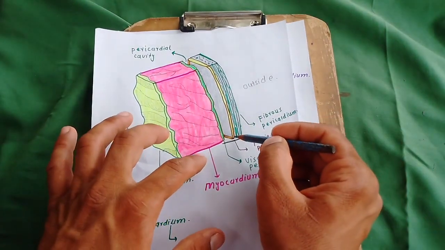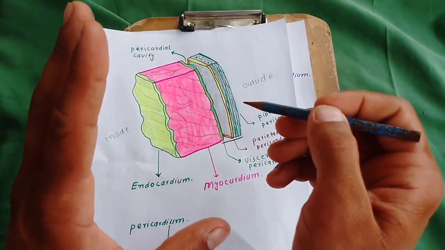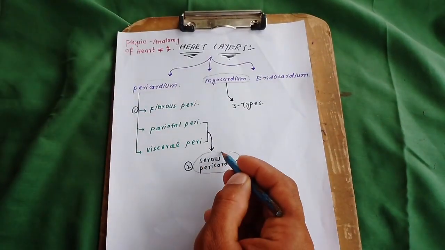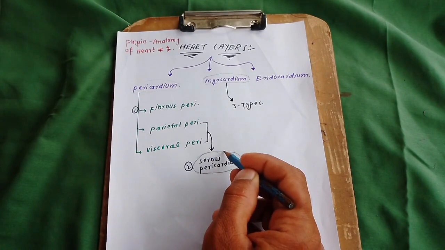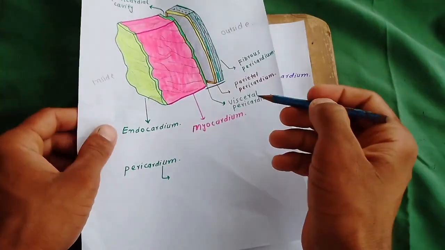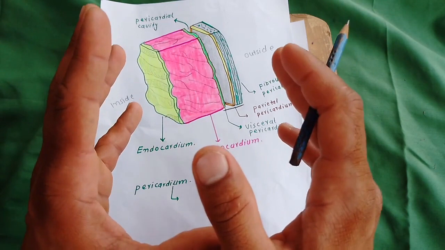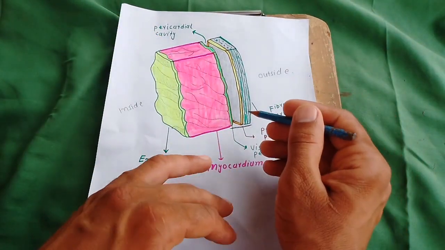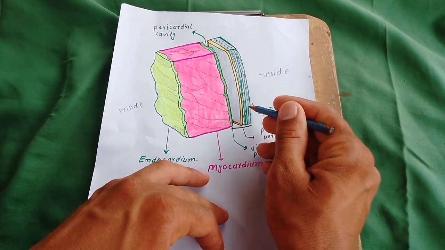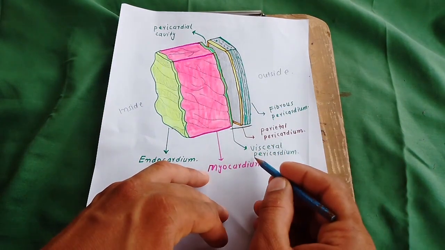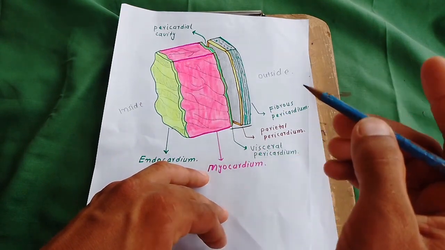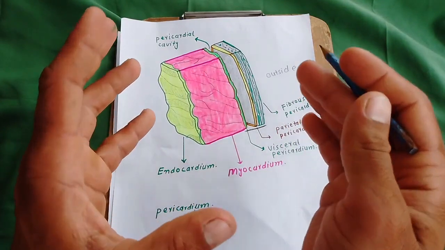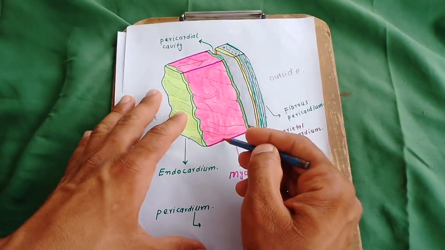The parietal pericardium is the layer of the serous pericardium which is attached to the fibrous pericardium, and the visceral pericardium is the layer of the serous pericardium which is in contact with the myocardium.